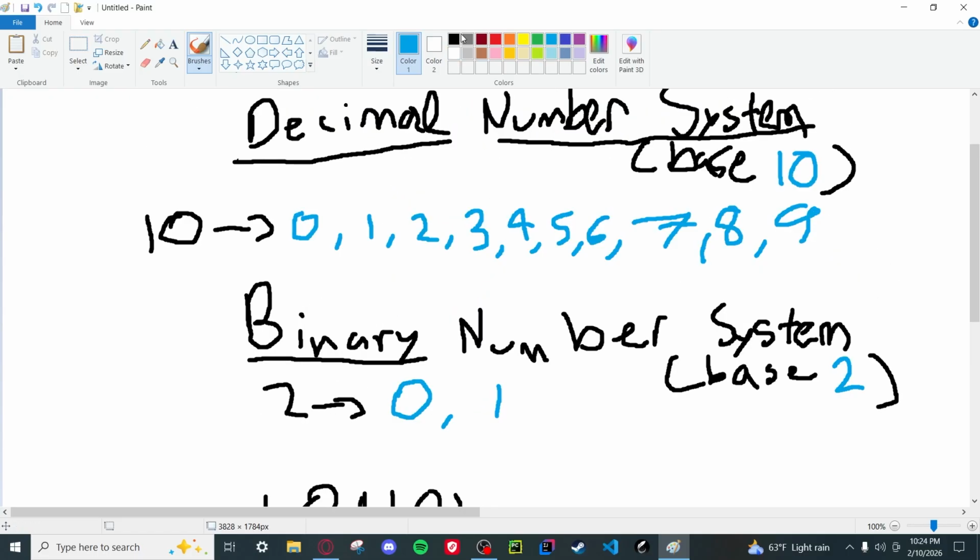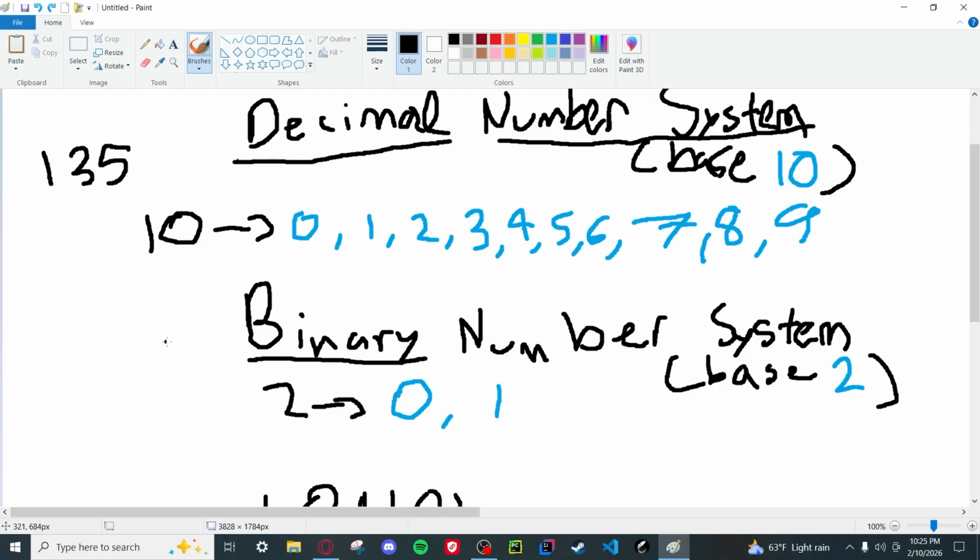Now you might be asking, in the decimal number system, if I write 135, do I have to write a subscript 10? The answer is no. Because we use the decimal number system so commonly in our lives, we assume it's the automatic number system. So when you see 135, just assume it's in base 10.